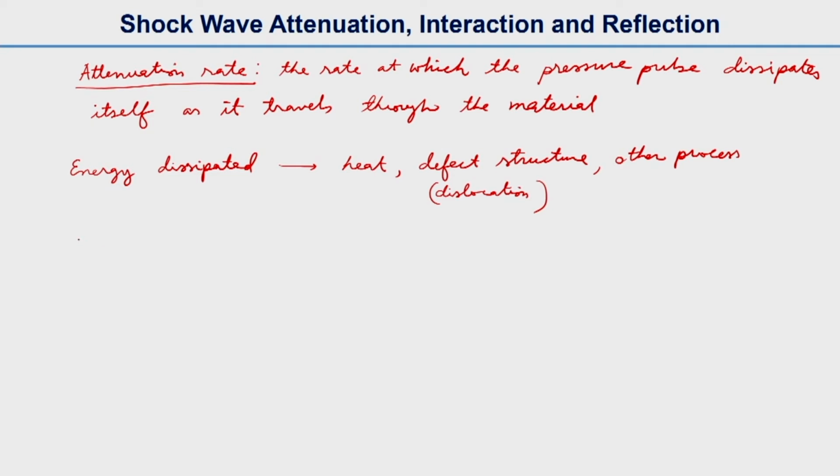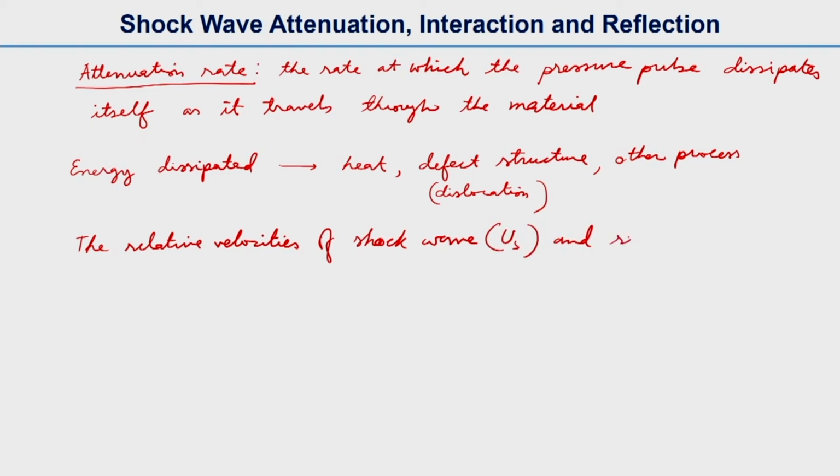So the relative velocities of the shock wave, US, and the release wave, C plus UP, determine the attenuation and the attenuation rate.